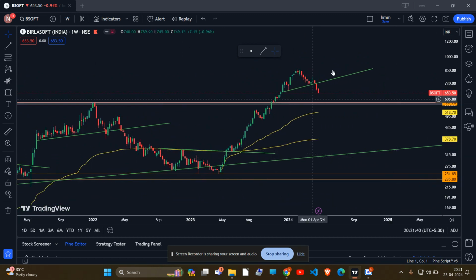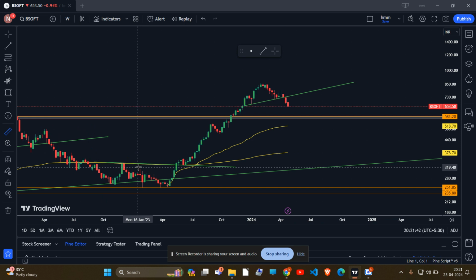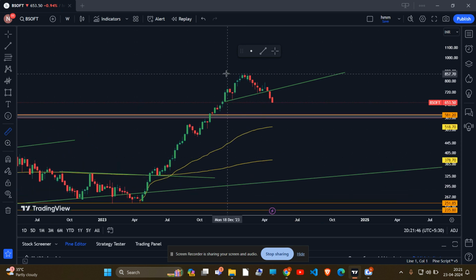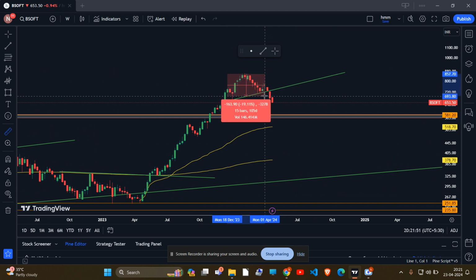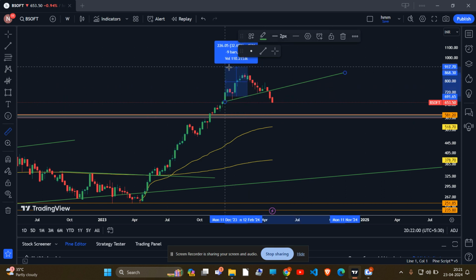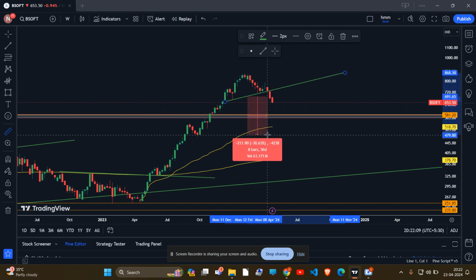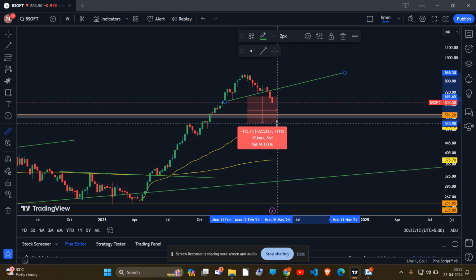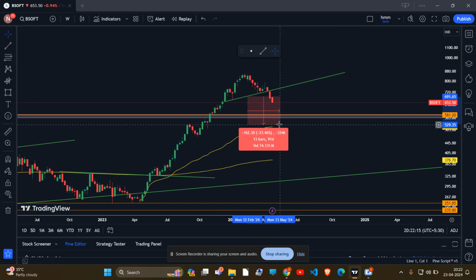And on weekly time frame, you can expect the stock to fall a minimum of the length of this, from the top of the stock till the neckline, which is around 163 rupees, or I could say approximately around 150 to 160, around 160 rupees, and 160 rupees would be somewhere till here, that is 530 rupees, around 530 rupees, this range approximately.